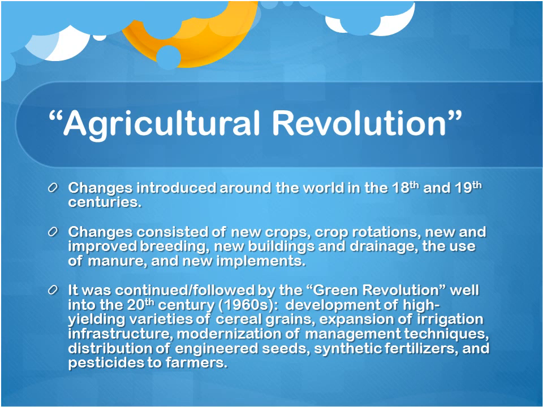And this revolution went well into the 20th century. Especially in the 1960s, there was another big expansion with high yield varieties of cereals, more and better irrigation infrastructure, better management, and synthetic fertilizers.